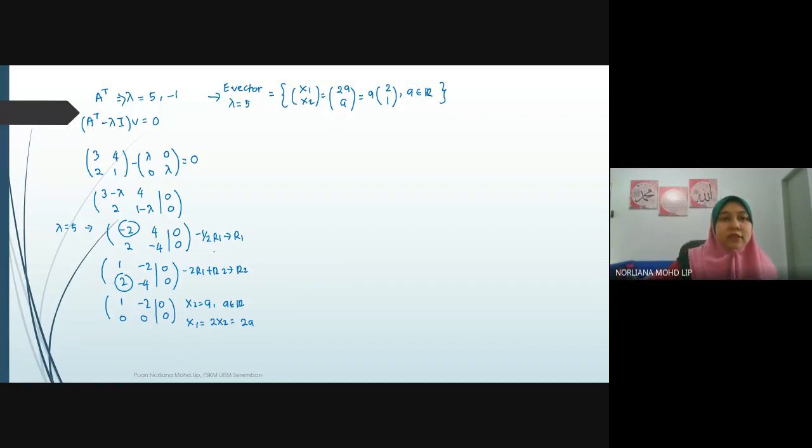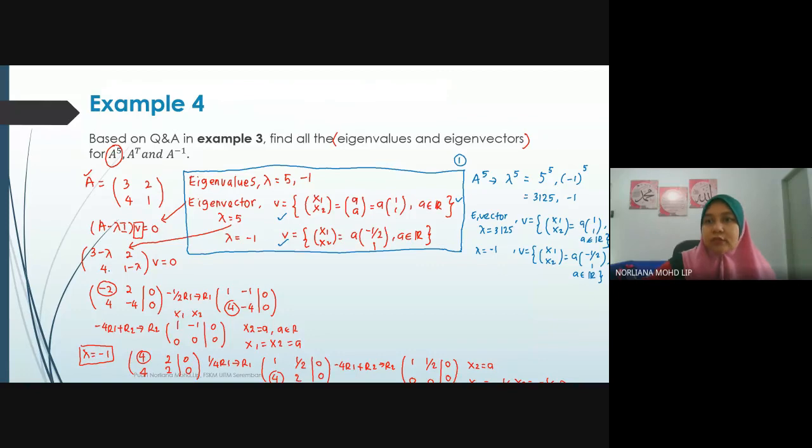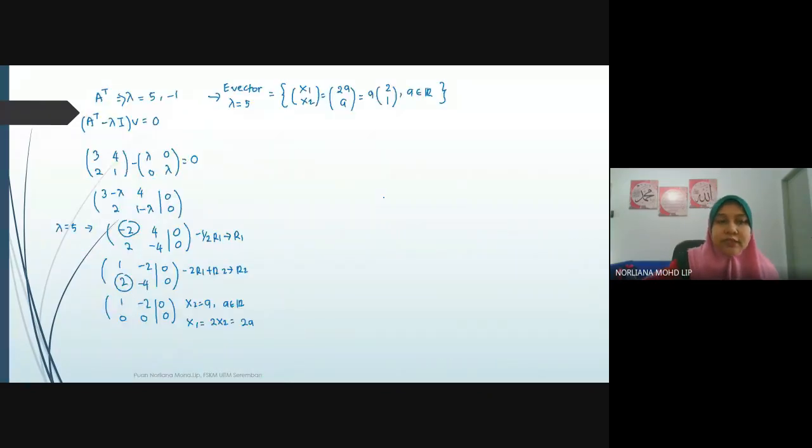Okay, dia berbeza lah dengan yang tadi kan. Tadi awak dapat, the original one is 1, 1 for lambda equal to 5. And then find the eigenvector for lambda equal to negative 1.